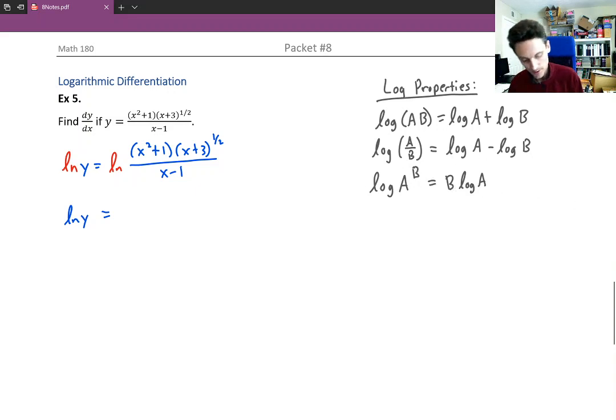So by using all of them, the log on the right side breaks down into ln of x squared plus 1 plus 1/2 ln of x plus 3, and then minus ln of x minus 1.